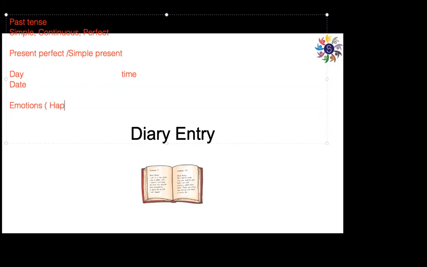Okay, so for the happy feeling part, basically we can use: I have been on cloud 9 throughout the day, as it was my birthday celebration. Okay, and then you can continue writing.